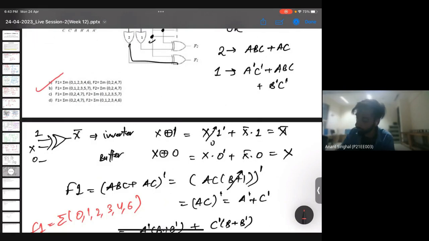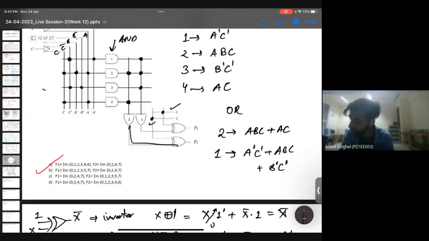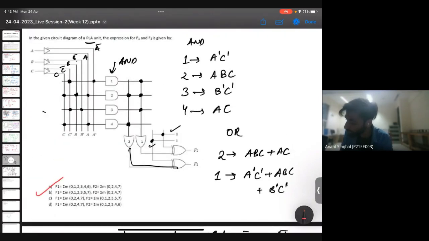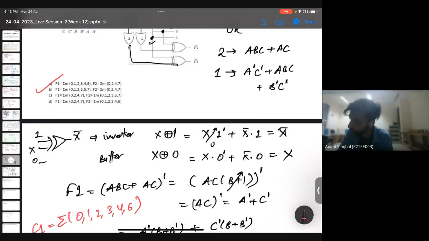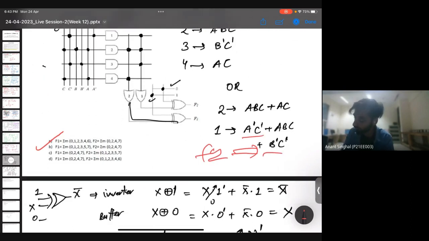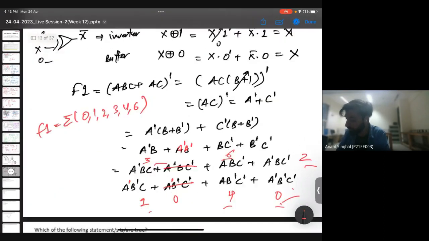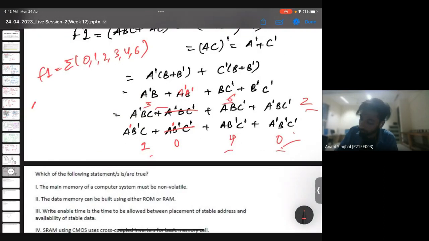So F2 will be the buffer of this. So F2 will be directly whatever the input is applied to it. So F2 will be this. So we can expand this. It is easy. ABC plus A bar C bar plus B bar C bar.